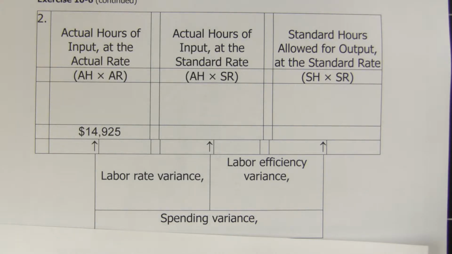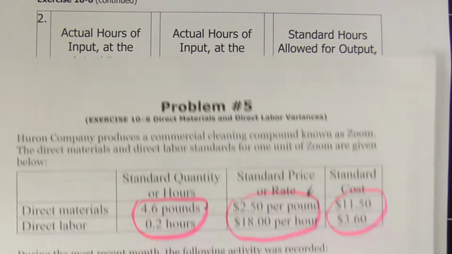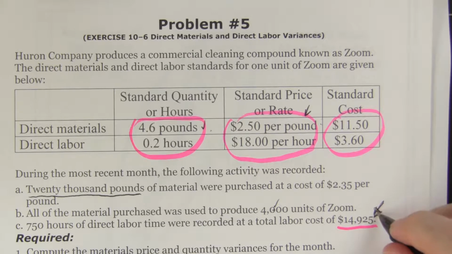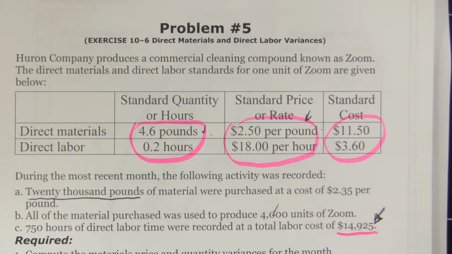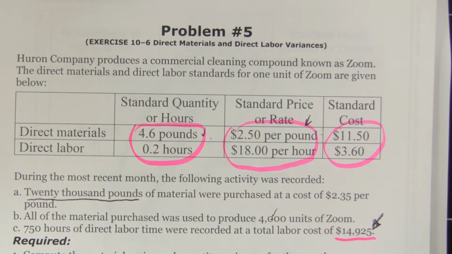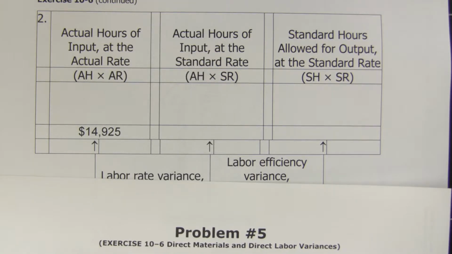Okay, the next piece they ask us to look at is the labor rate. They gave us the aggregate labor rate here. Unless they ask us how much we actually paid per hour, and I don't think they're going to, it doesn't really matter. We could divide that out and then multiply it again, but why bother? We've got that.